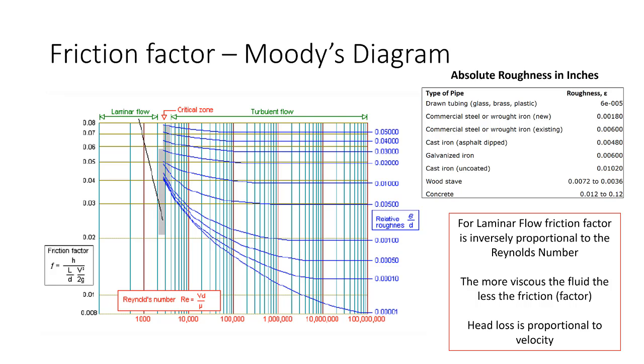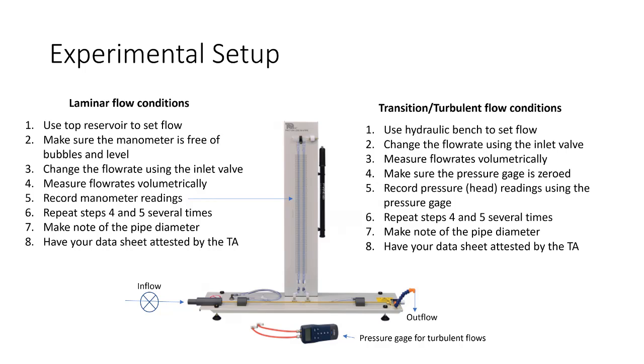So with that theory in mind, what we do in this experiment is we run it for two conditions: the laminar flow conditions and transition or turbulent flow conditions, or low velocities and high velocities. To get low velocities, we make use of a top reservoir where we fill it up with water and move the water slowly into our apparatus.